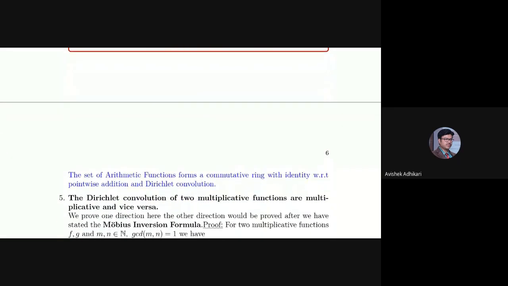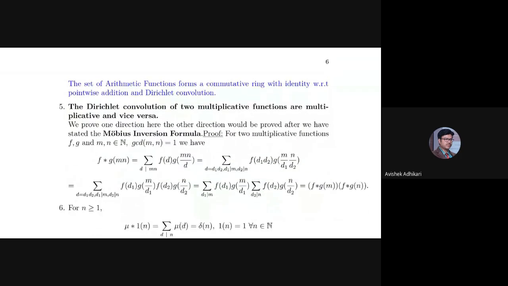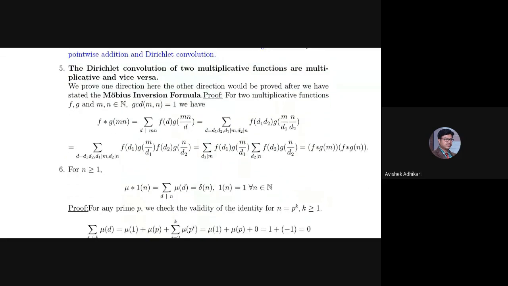Now we will prove that the Dirichlet convolution of two multiplicative functions is multiplicative. For that, as we did in the Mobius function part, we will do the same thing.